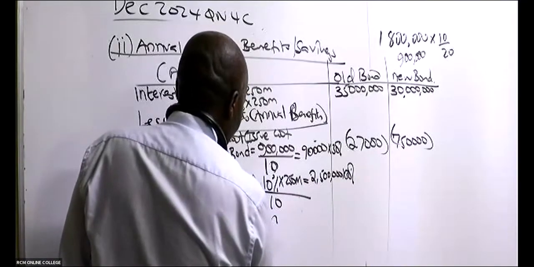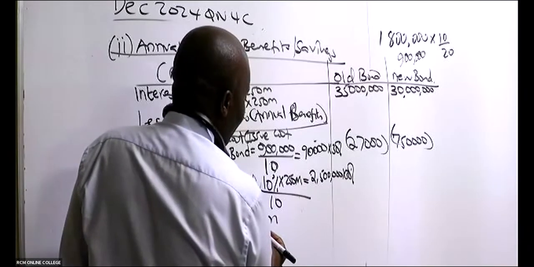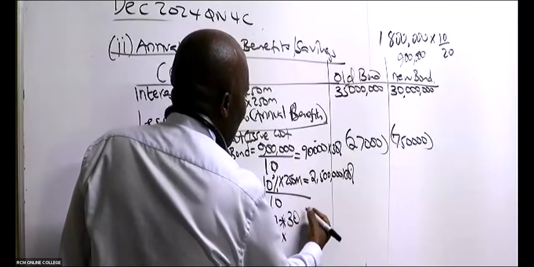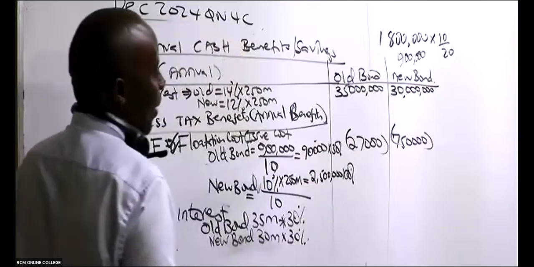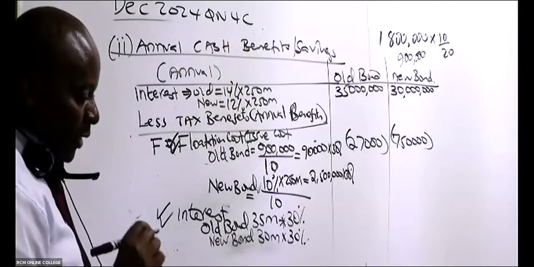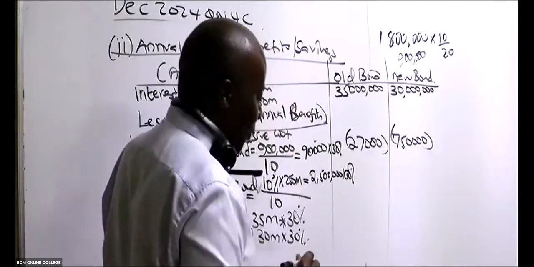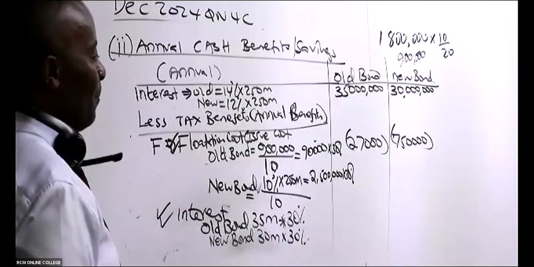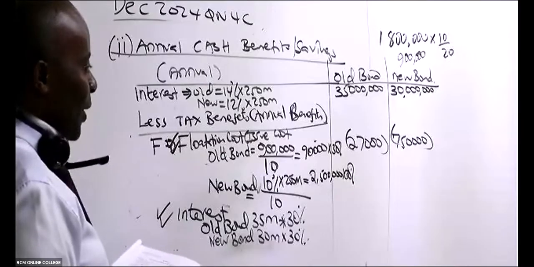And for the new bond, the interest is how much? 30 million. We are only interested in the tax benefit of the same. 30% tax benefit has been given.